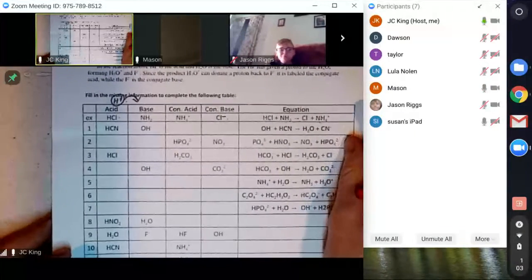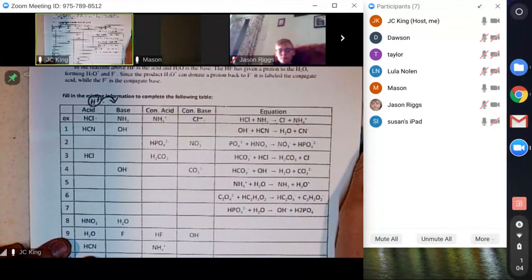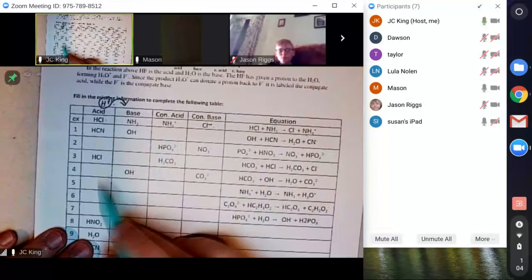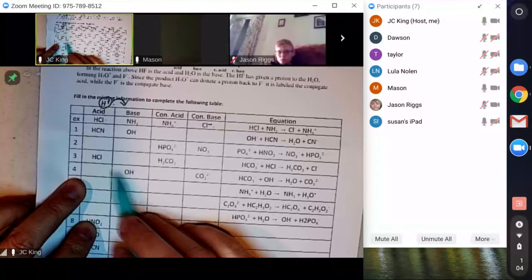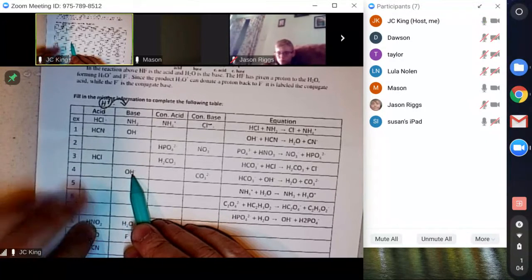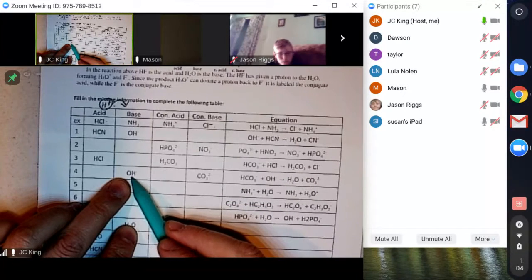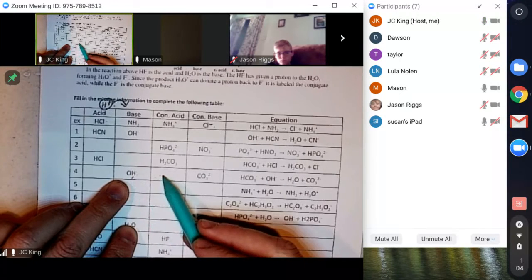Okay, so let's look at another one here. Let's jump down to number 4. I don't think we've worked number 4 before. So in this one, they don't give us the acid. What they do give us is the base. And so what we've got to imagine in order to figure out what the conjugate acid would be from that is if we were to add another hydrogen ion to this, what would it make?